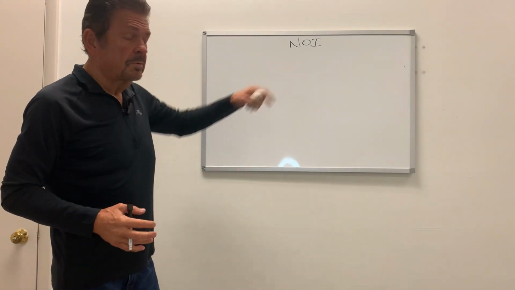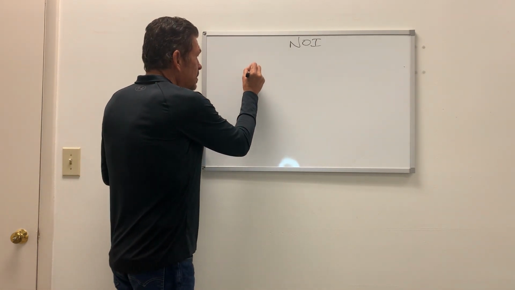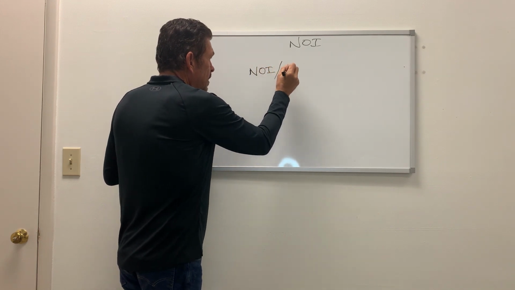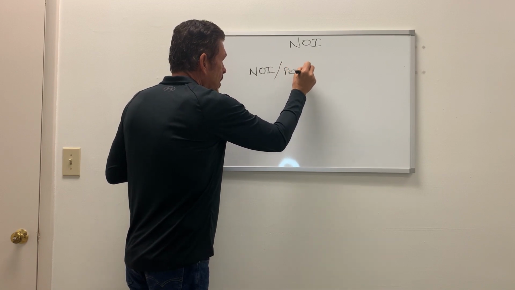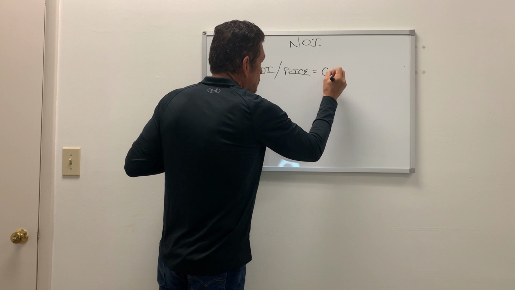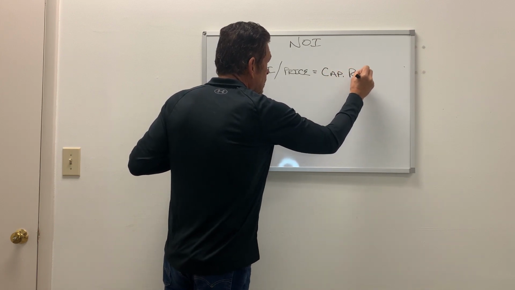So one of the key figures that you get once you have the NOI is you take the net operating income divided by the price, or the cost that you have in the property, and that gives you your cap rate, or your return on the investment.